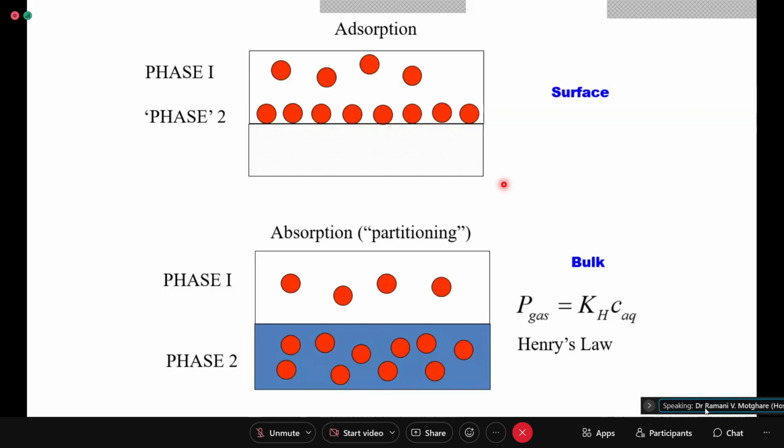Such 5 types of interfaces are there that are studied under the head of surface chemistry. So this topic is part of surface chemistry. Okay. Now among these, the mostly studied interfaces are gas-solid interface and liquid-solid interface.